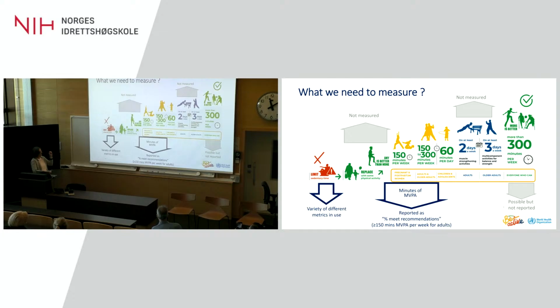And I think the new data we have show that that's a really important population group that we need to focus on more. We're not doing anything about the muscle strengthening. Certainly at the global scale, we're not reporting anything on muscle strengthening. We know that that's a really important type of physical activity. And for older adults, the multi-component activities, which are really crucial to maintaining balance and function.